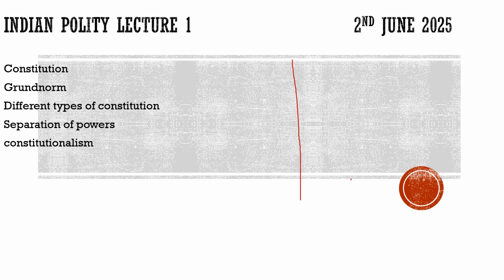Let's differentiate the two. For example, there is a government, there is a country, and it has a center. Suppose let it be Delhi, and here is the rule of Mr. Narendra Modi.